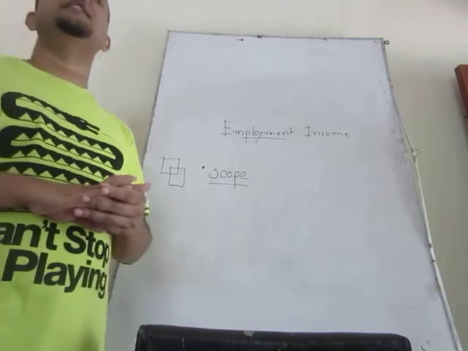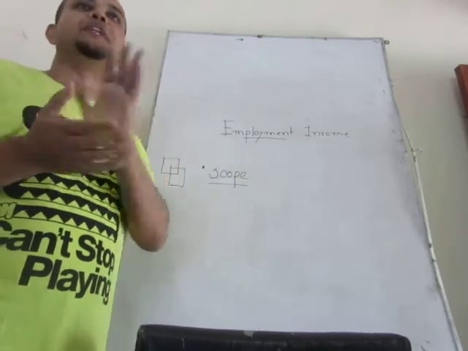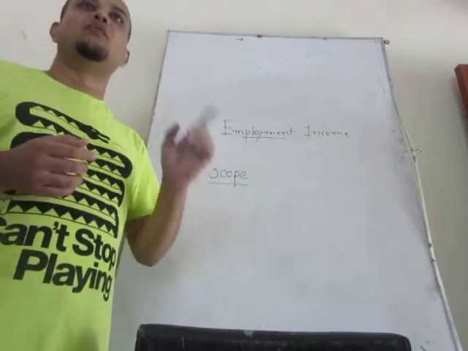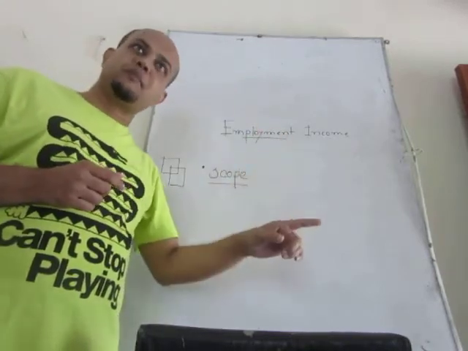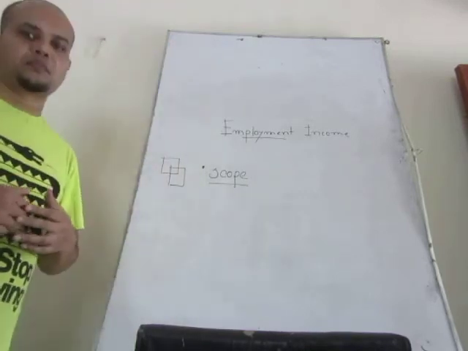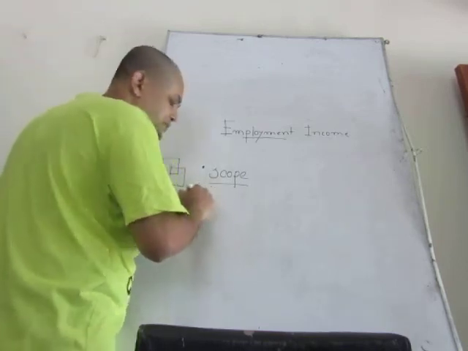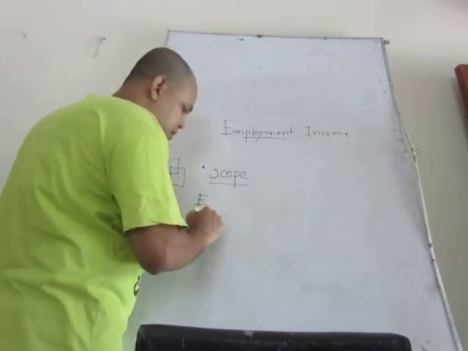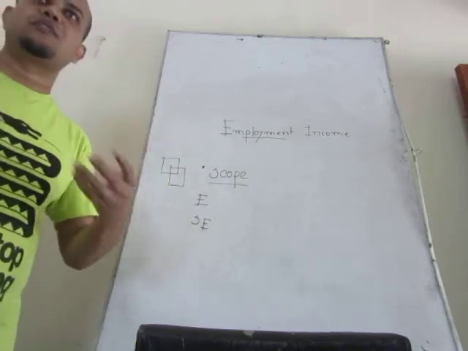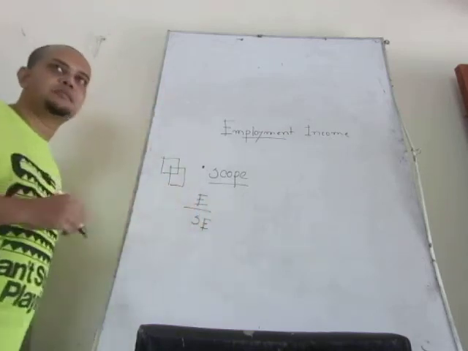Because an employee will be taxed under the employment income provision, whereas a self-employed person will be taxed under the trading income provision. So one is employed, another is self-employed, that means an individual who is involved in doing any kind of trade. You need to make a difference between these two.